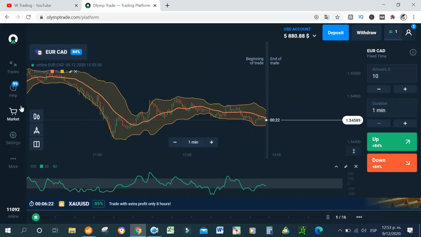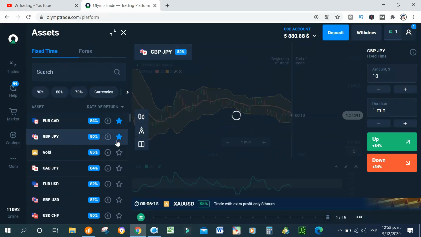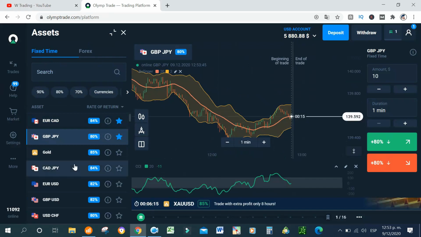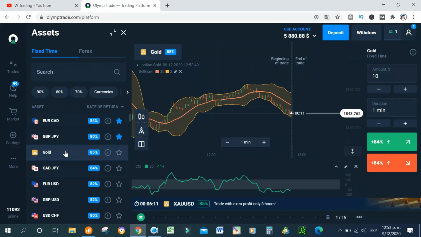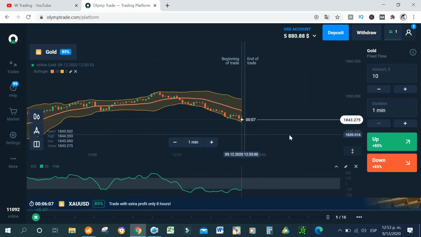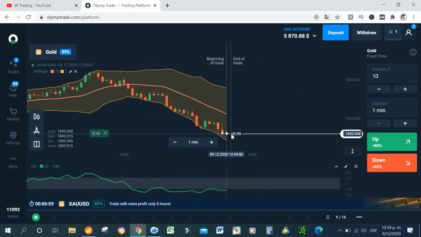Okay guys, let's see some other pairs in the meantime. Let me check which one is giving us an opportunity. Okay, we have the gold here giving an opportunity. And yes. Alright guys.